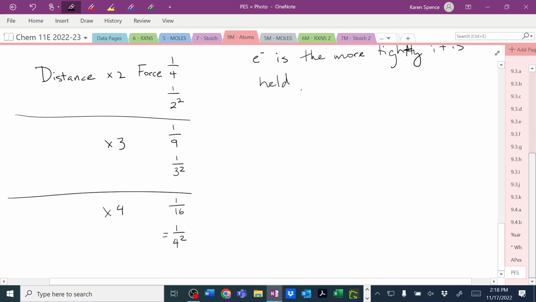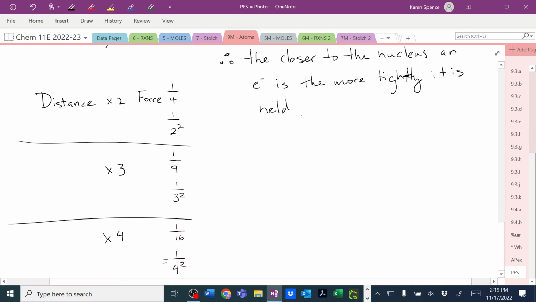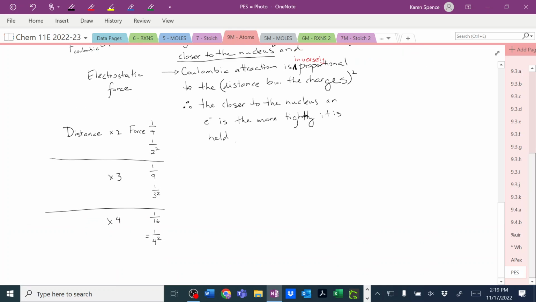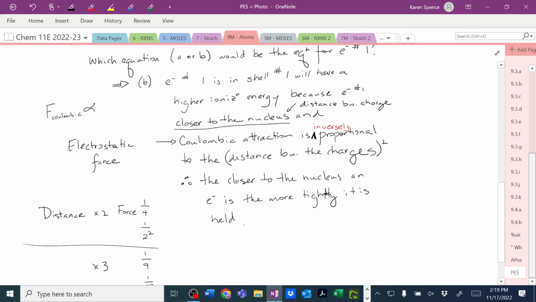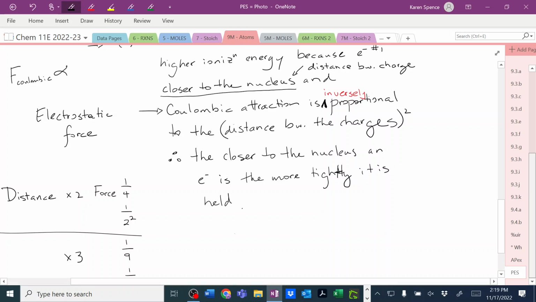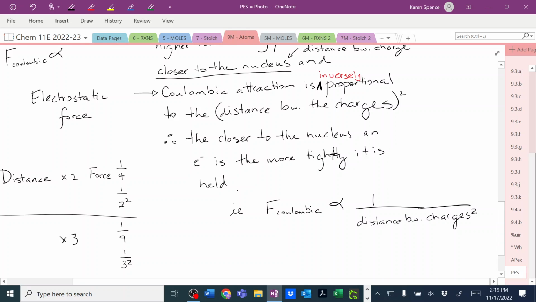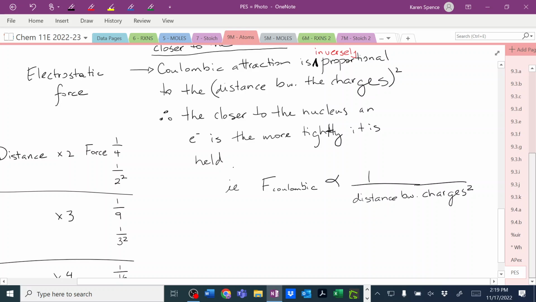Yes? Yes. Yeah. It's inverse exponential.